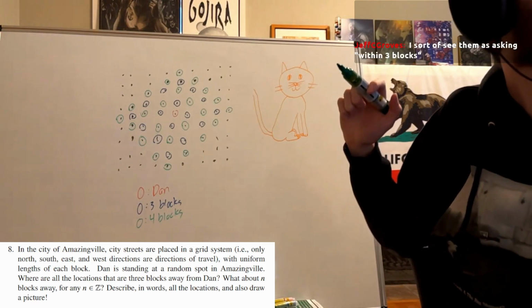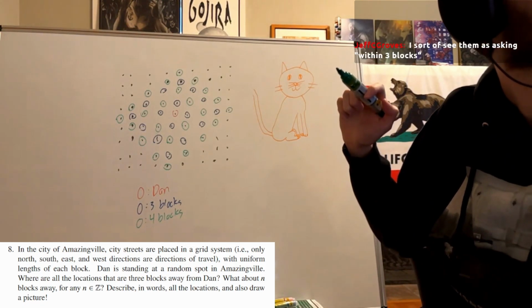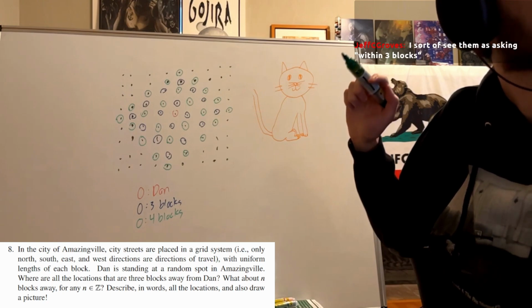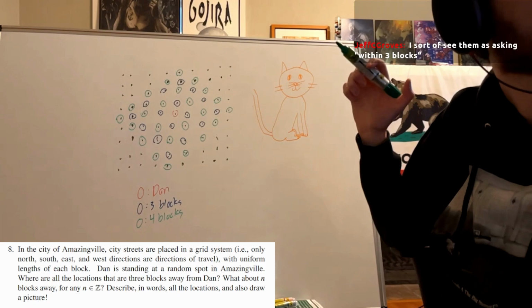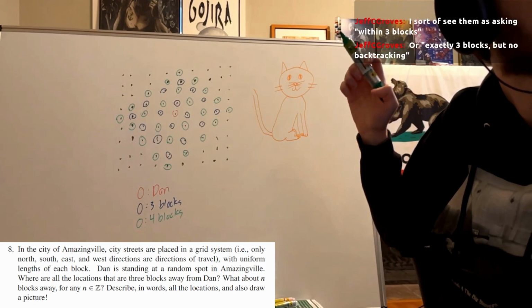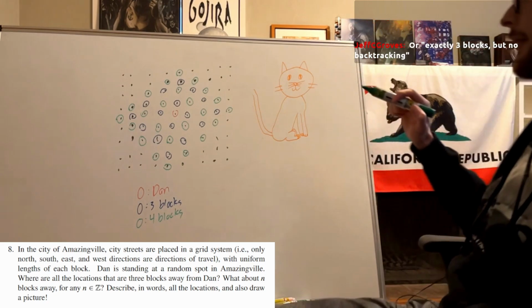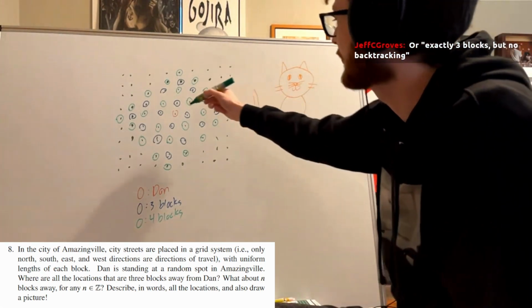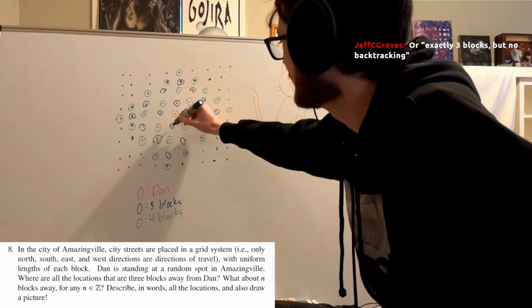Within 3 blocks. I think within 3 blocks is like the more practical interpretation. I guess I was interpreting it more strictly, like exactly 3 blocks. Yeah, so I guess that's another question too, like what counts as backtracking, because I definitely wouldn't do like down and then immediately up.